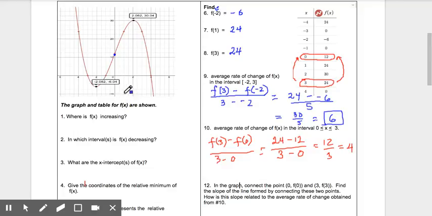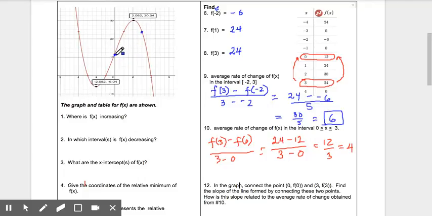And 3, 24. 1, 2, 3 is here. 24 is right here. So 3, 24. Okay, so we are asked to connect the 2 points to form a line.